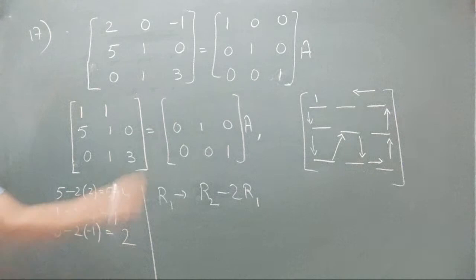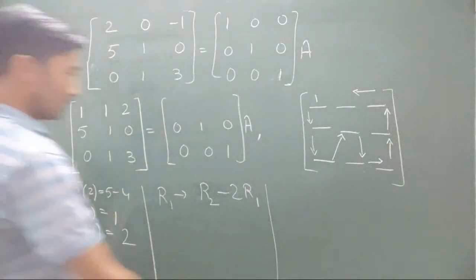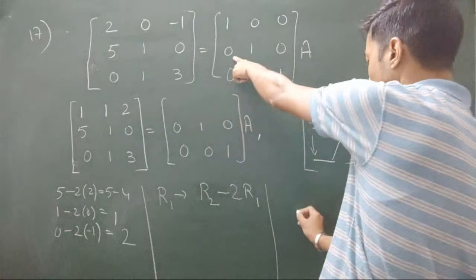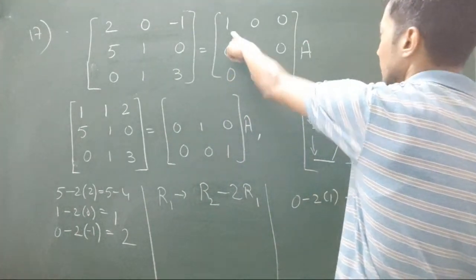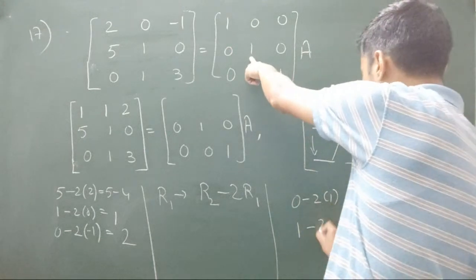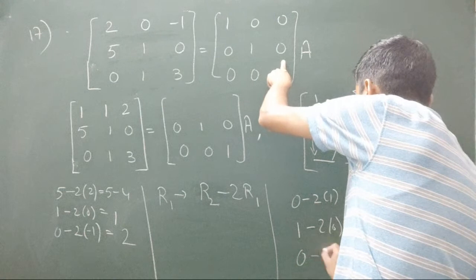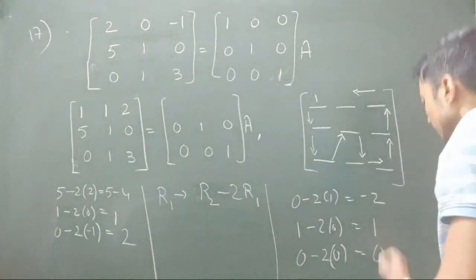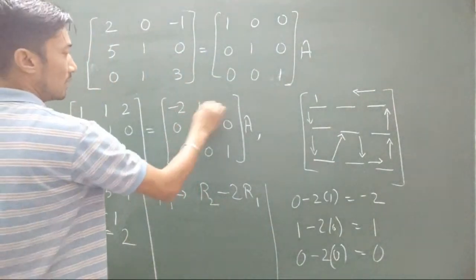So that's going to be plus 2. Again, R2 minus 2 times of R1. So that's going to be minus 2, 1, 0.